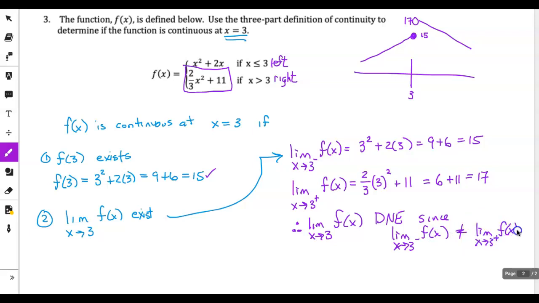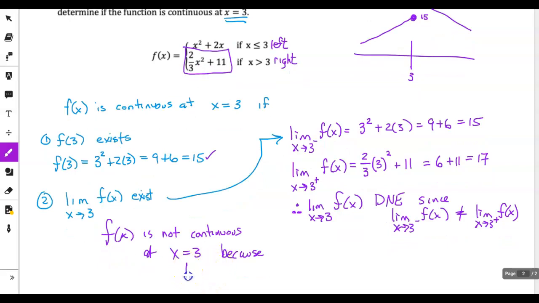So we can stop right now and we can say f of x is not continuous at x equals 3 because the limit, whoa, that was scary, the limit as x goes to 3 does not exist.